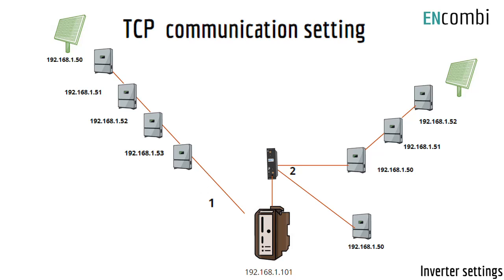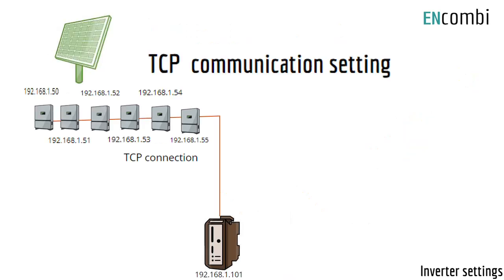The second scenario is ECPv2 connected to a single inverter or a pool of inverters through an inverter controller, for example, SMA Inverter Manager. Please note that the unicast and broadcast selection has no effect for TCP communication. Let's find out how the EC Web inverter TCP connection setting looks for this kind of installation.